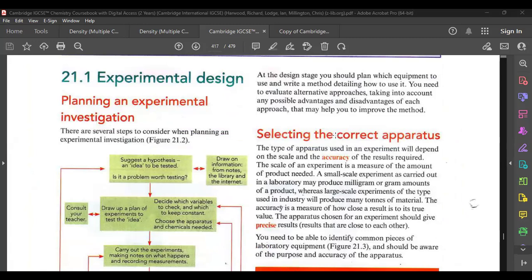You are going to plan that you are going to investigate what is there, why it is there, and how you can separate it, and what type of equipment or apparatus is used in this kind of investigation.